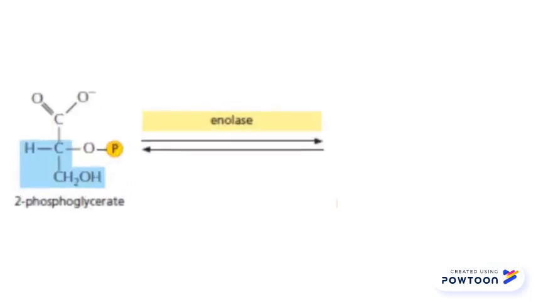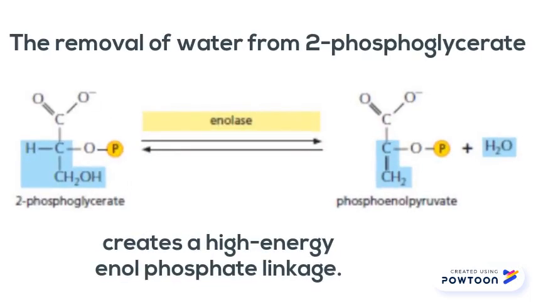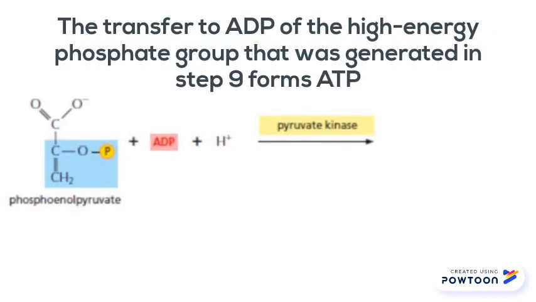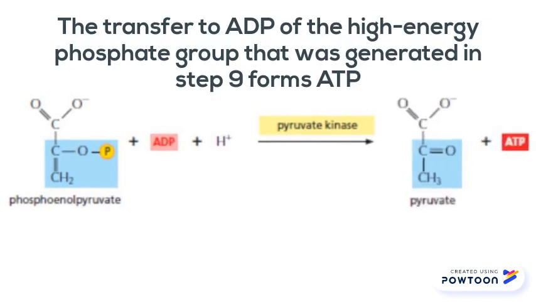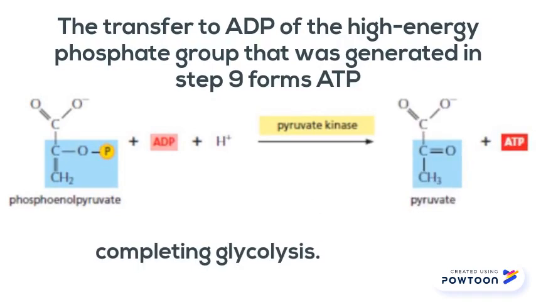In step number 9, the removal of water from 2-phosphoglycerate creates a high-energy enol phosphate linkage. Finally, the transfer to ADP of the high-energy phosphate group that was generated in step 9 forms ATP, completing glycolysis.